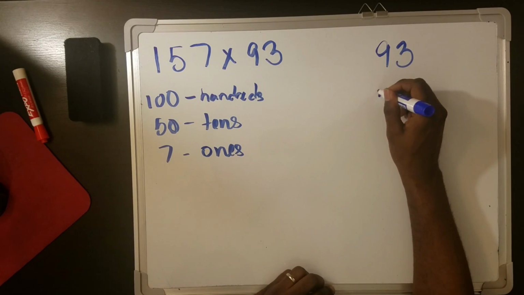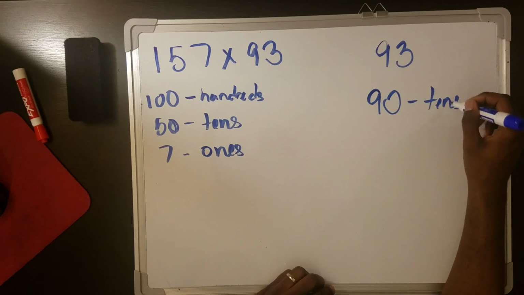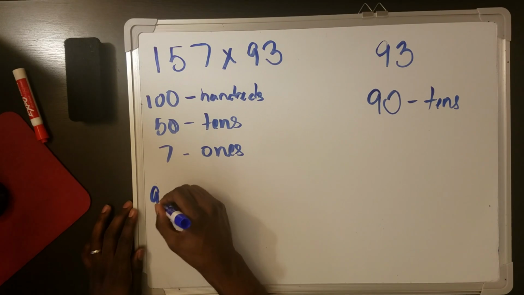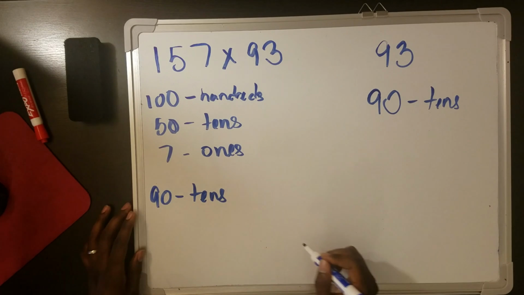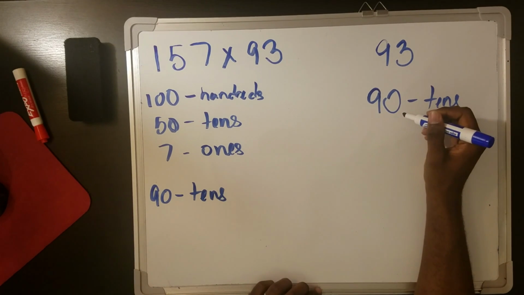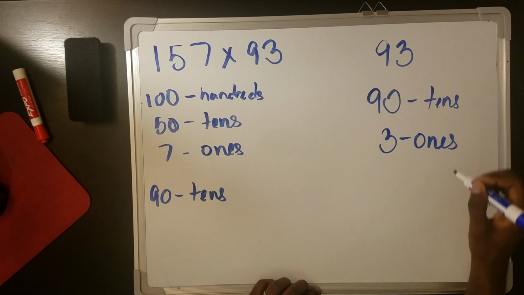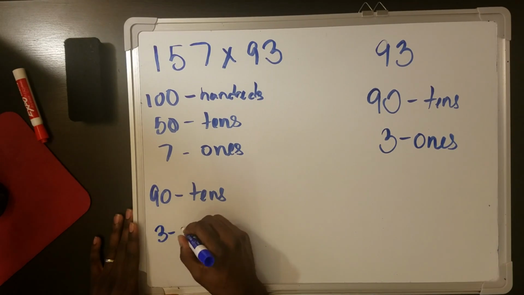We have 9 tens, so we have 90 in the tens place. So we can write that here, 90. And we have 3 in the ones place. So we write that here.